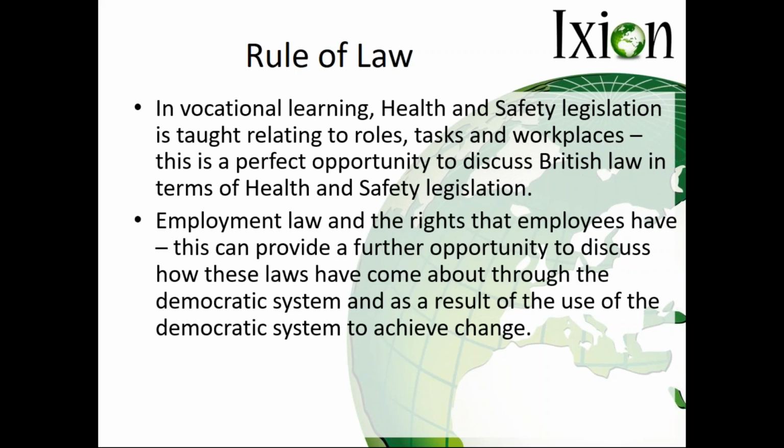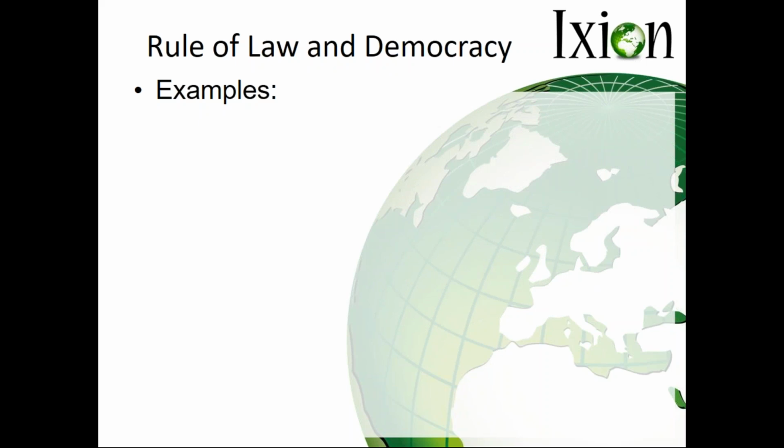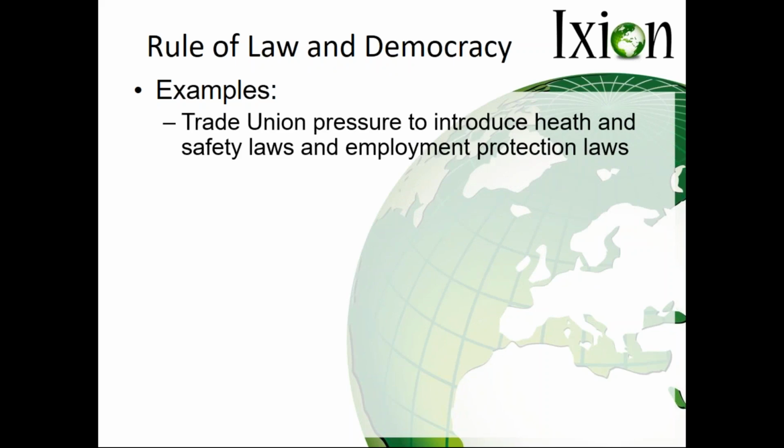Employment law as well, and the rights that employees have, is another further opportunity to discuss how laws have come about through the democratic system and as a result of the use of the democratic system to achieve change. So some examples of embedding rule of law and democracy. The trade union pressure to introduce health and safety laws and employment protection laws.